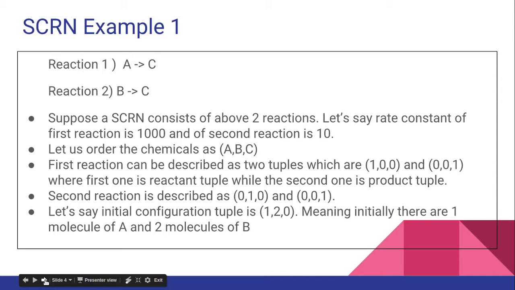For example, SCRN example number 1: A going to C and B going to C. Let us order the chemicals as ABC.